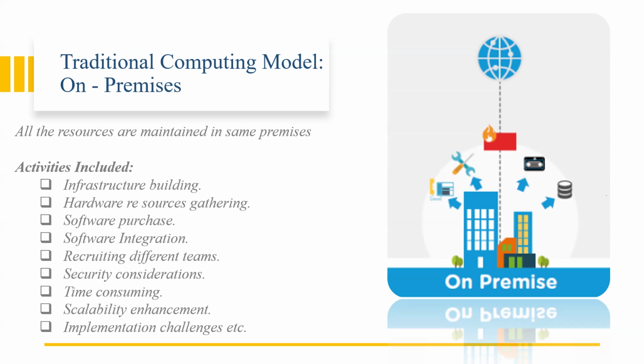Very simple for your better understanding, take your home. Your home is nothing but on-prem. You keep a lump sum of money in your home locker, you keep the key, and you protect everything. That is like on-prem.